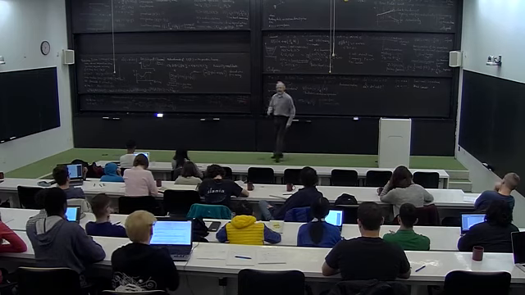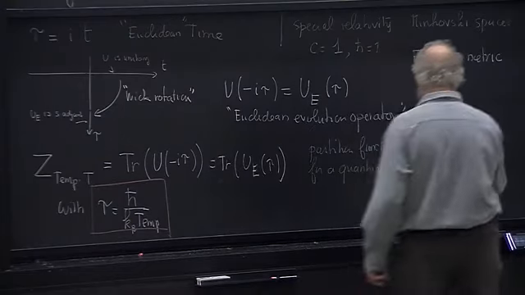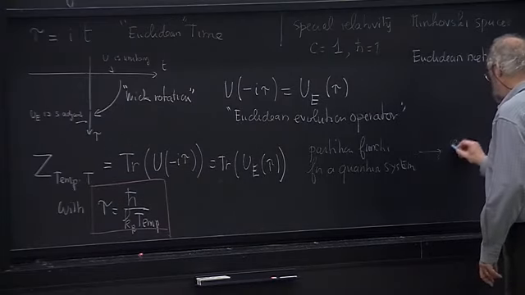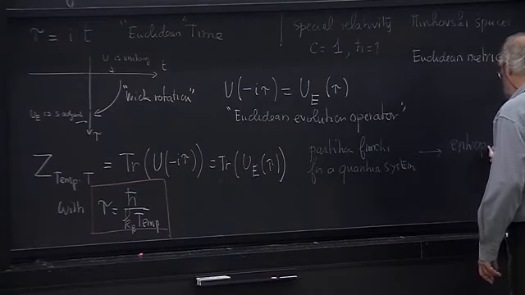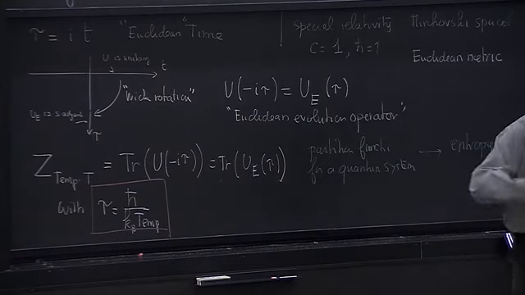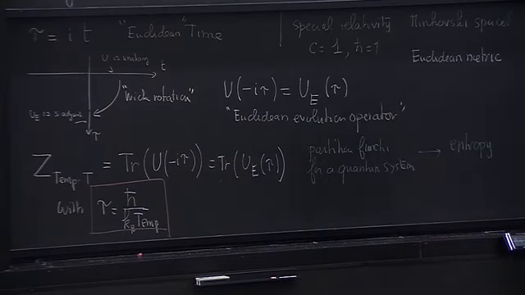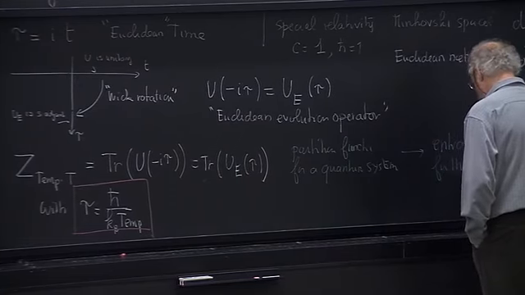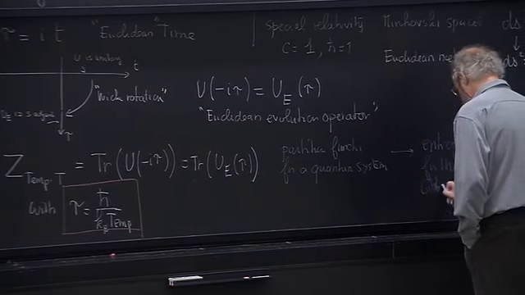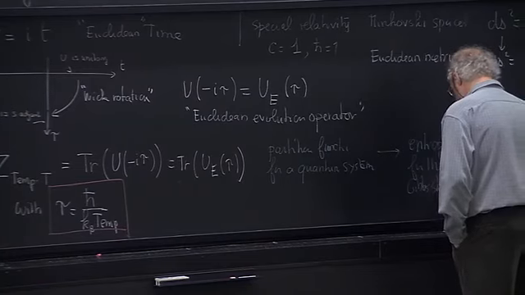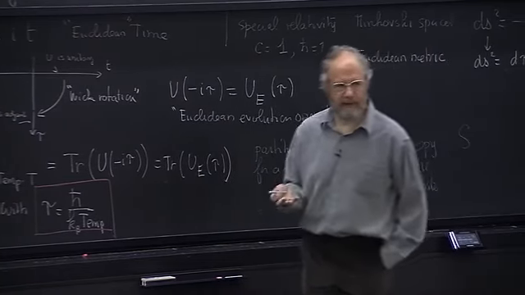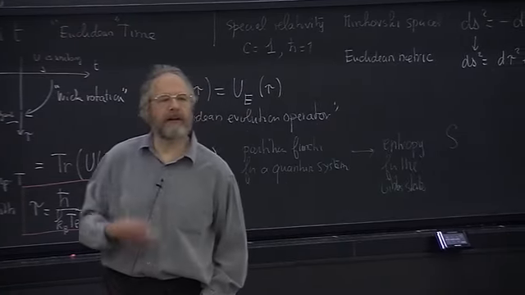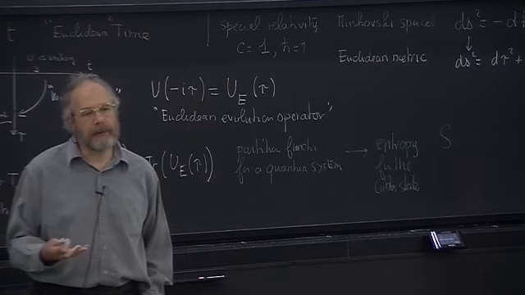And therefore I think you just apply the rules of thermodynamics and you get an entropy. It's going to be the von Neumann entropy for this Gibbs state. You know that the entropy for a quantum statistical system is just a special case of the von Neumann entropy.